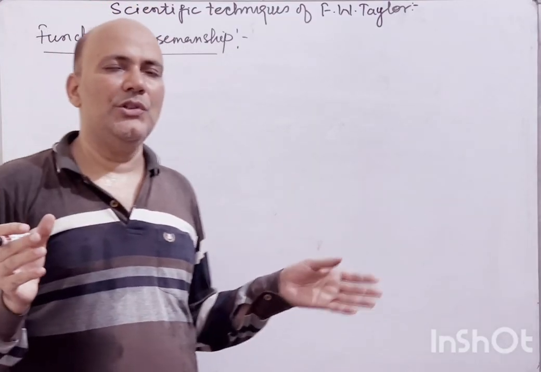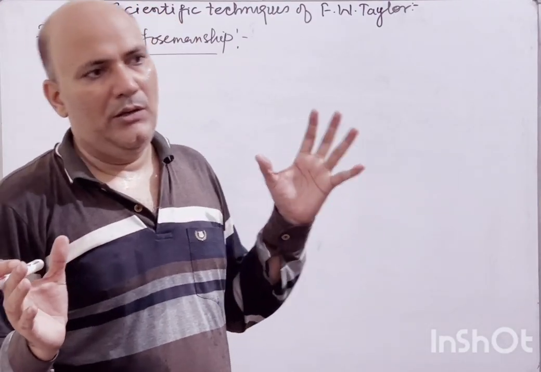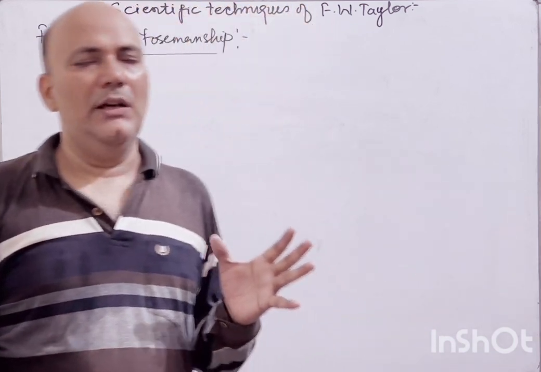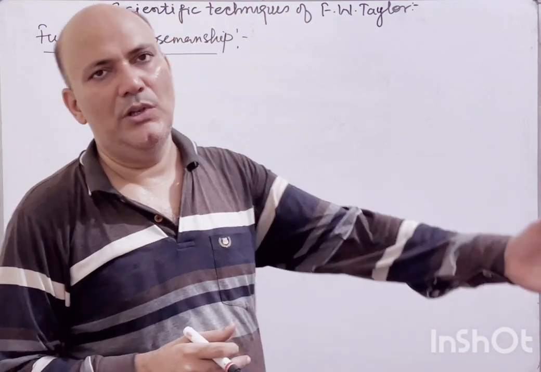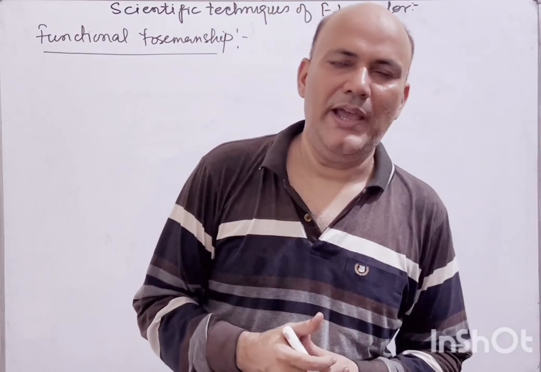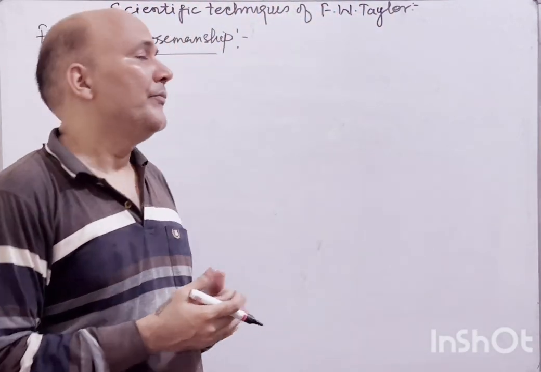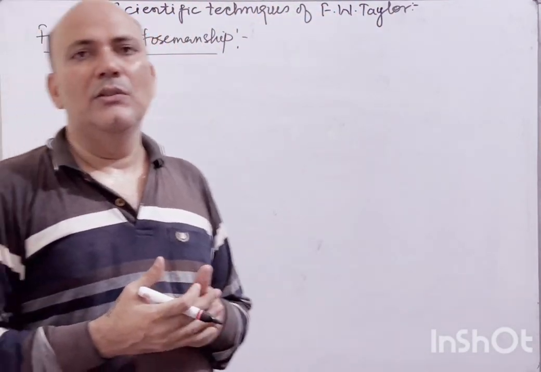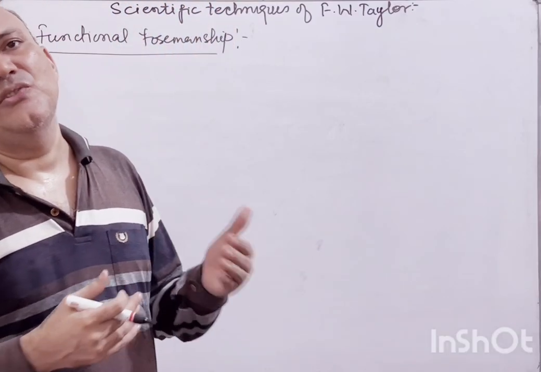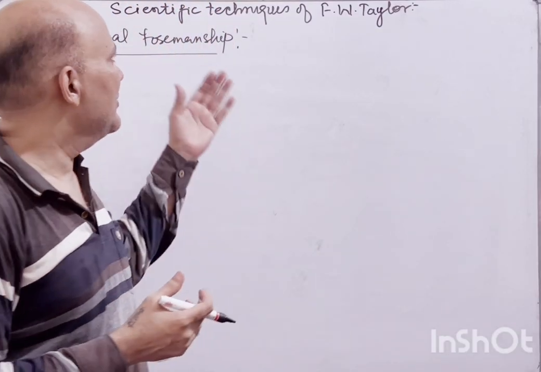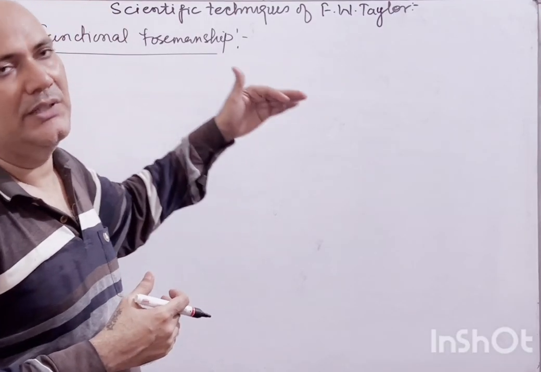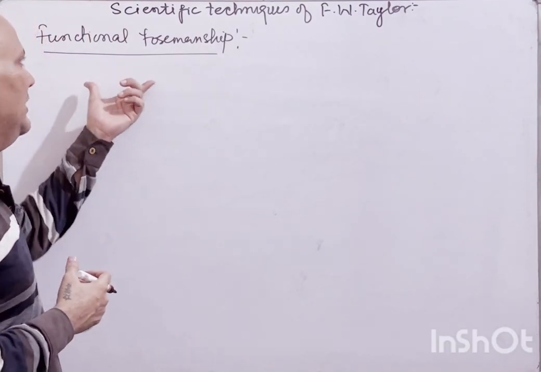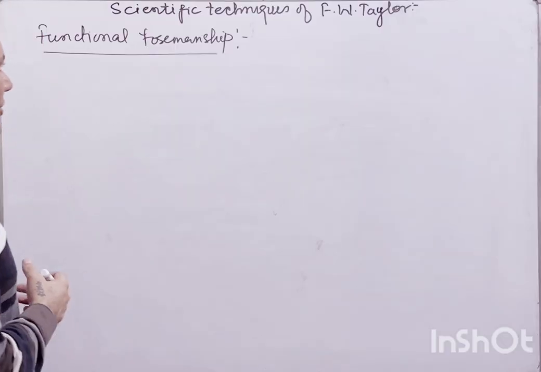In production there are four bosses, and in planning there are four bosses. These 8 people give their expert advice to the employee to perform their task, and that is how we get the benefit of specialization. This technique has been developed for the benefit of specialization.